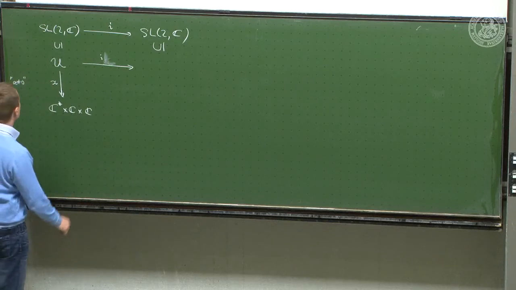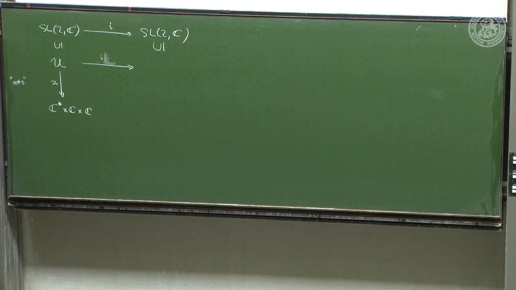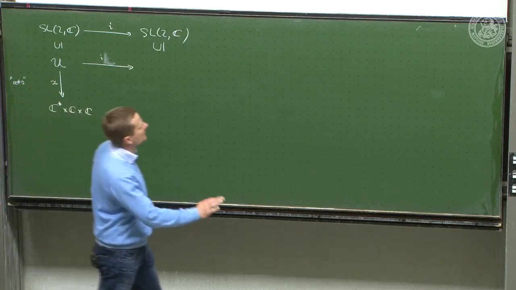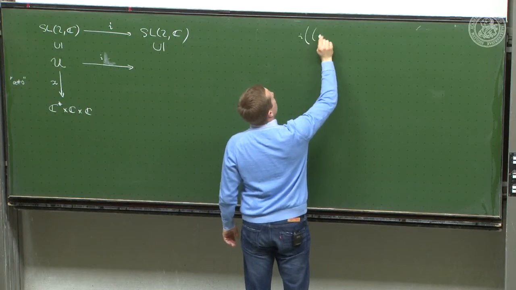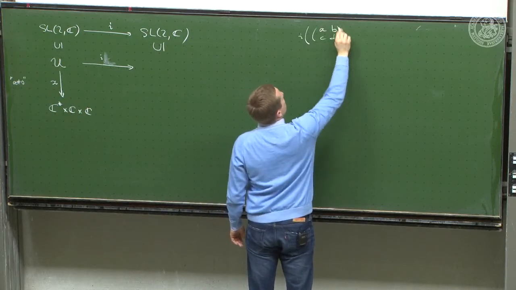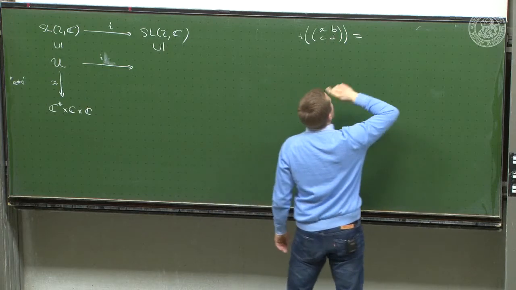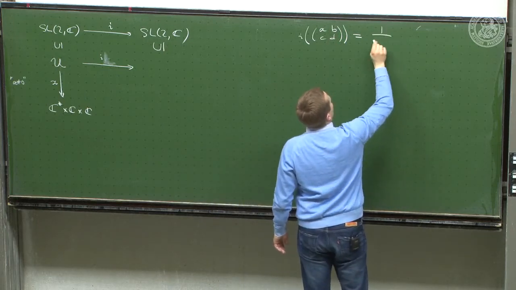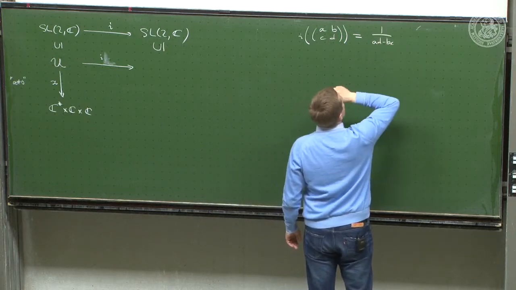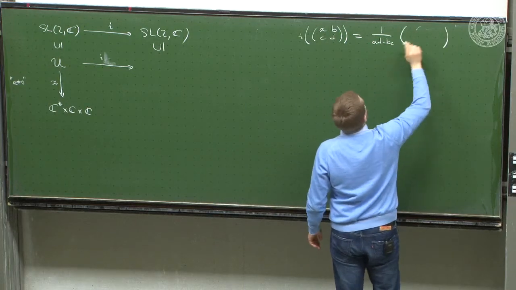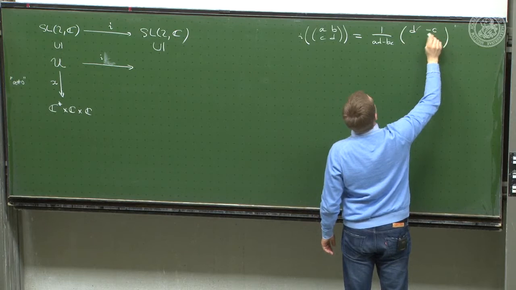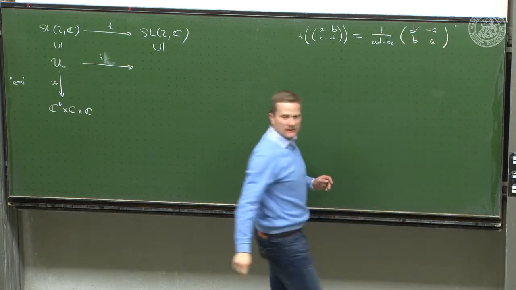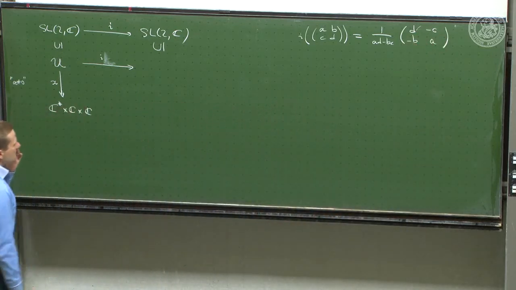And so if we look at how this map I acts, now unfortunately I wiped it out, but was it not the case that this is A, B, C, D, and it maps this to 1 over AD minus BC of D, A, they exchanged, minus C, minus B. I think that's the inverse.